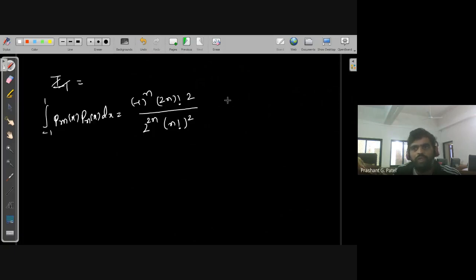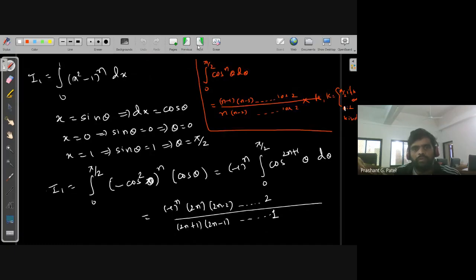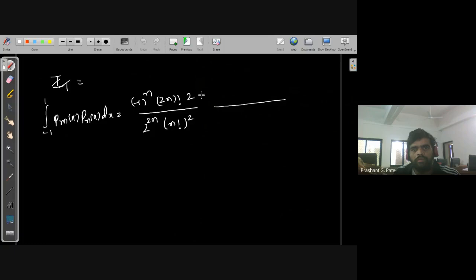I1 we have calculated previously, that is 2 times minus 1 raised to n into numerator 2n, 2n minus 2 up to 2, and denominator 2n plus 1, 2n, 2n minus 1 up to 1.